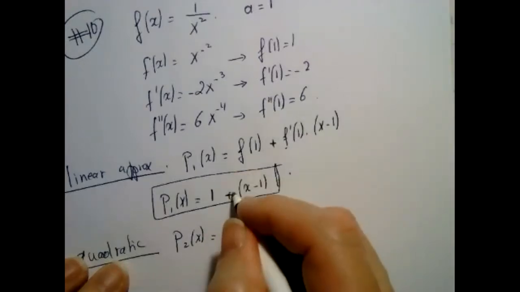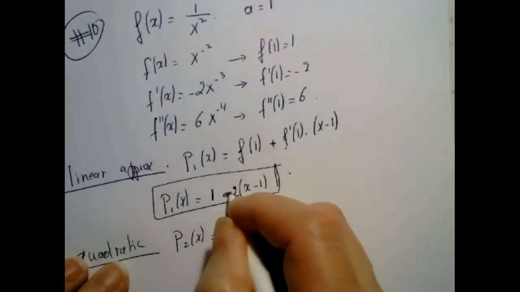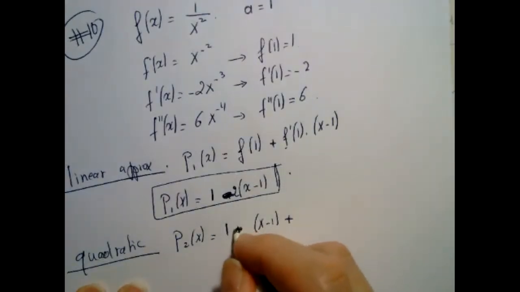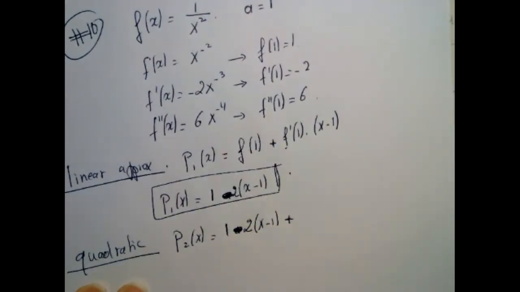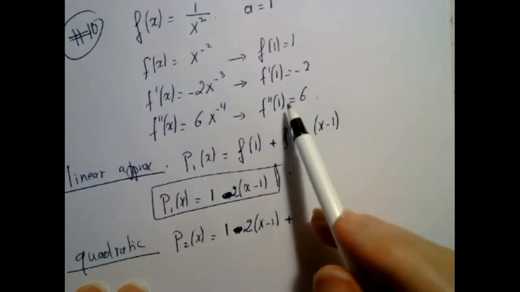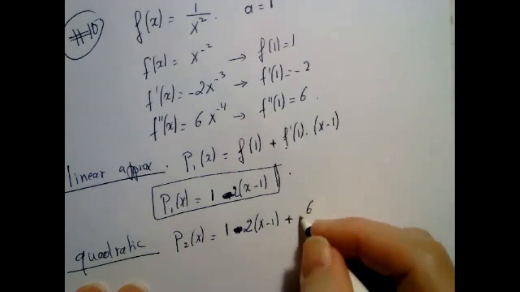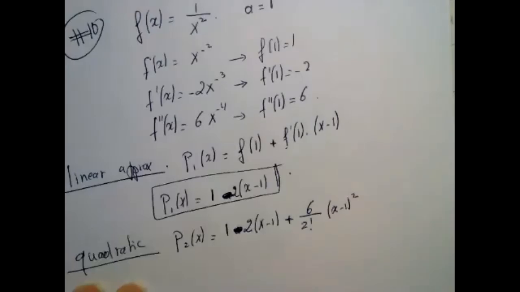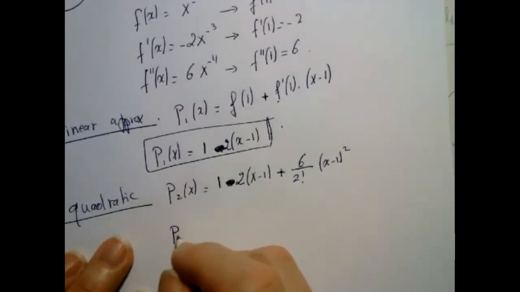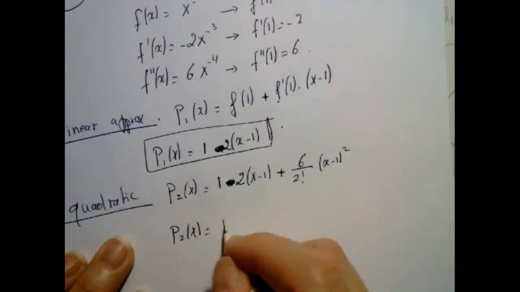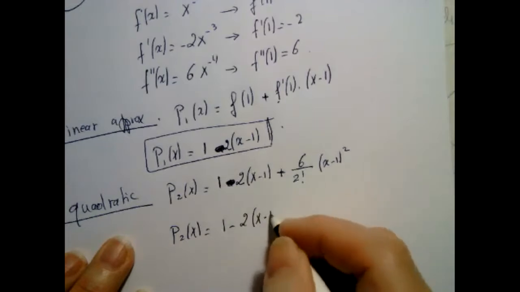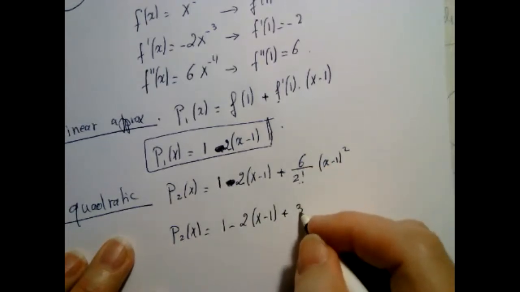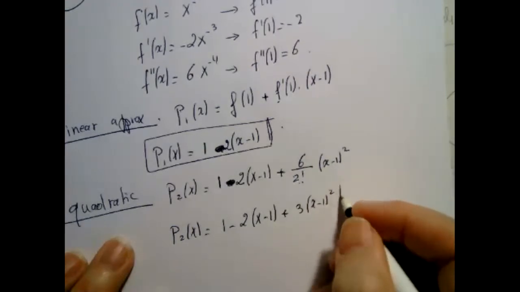F prime at 1 is minus 2. So that's the first one. So plus the second derivative, which is 6, divided by 2 factorial, times x minus 1 squared. It means the quadratic approximation is 1 minus 2 times x minus 1 plus, since 2 factorial is 2, 6 over 2, it's a 3, x minus 1 squared.